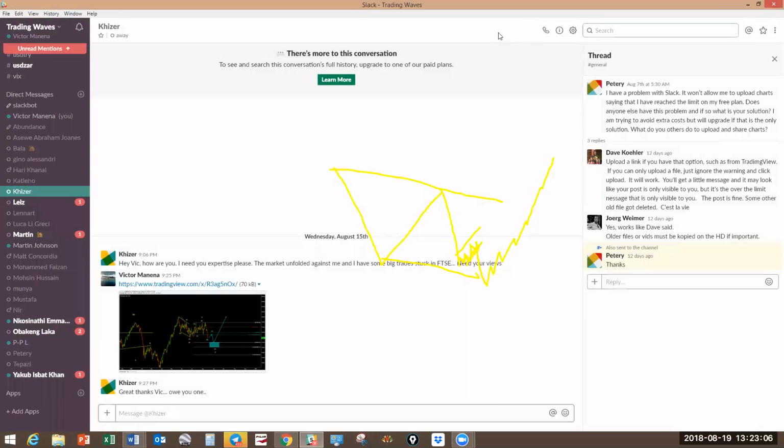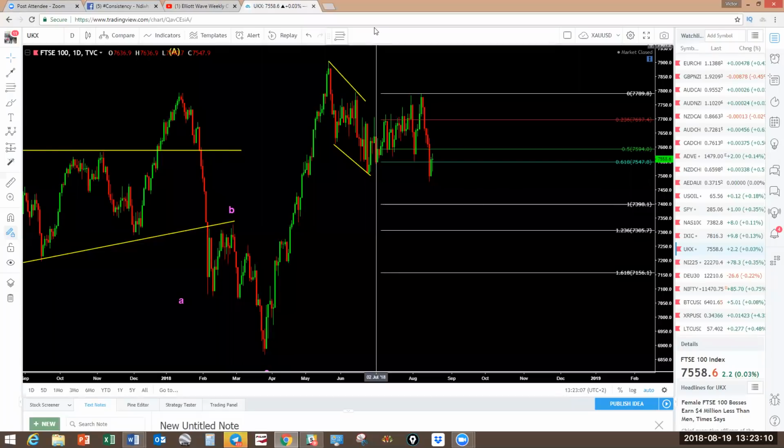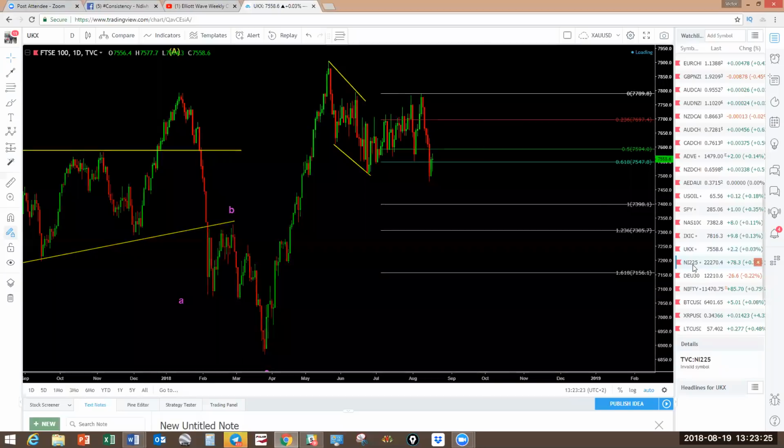All right, so that's the advantage of being in a premium group. As you can see, as it was going down, it has now reversed like that, possibly looking for that correction on the 61. It is still possible for it to come down into the blue box before it actually goes, giving you this 3-wave move. All right, so that is the UK 100, and the Nikkei now.